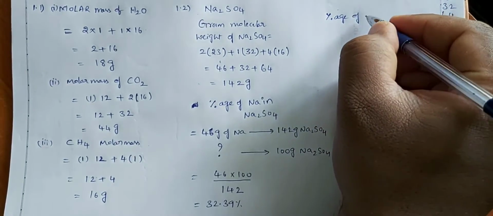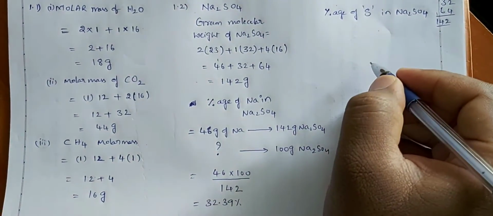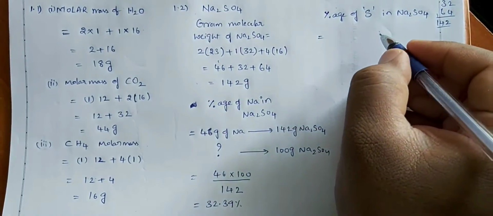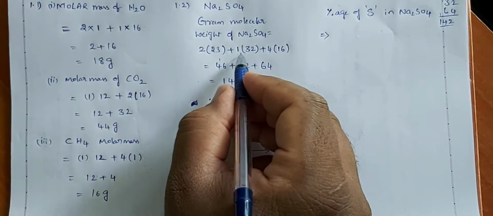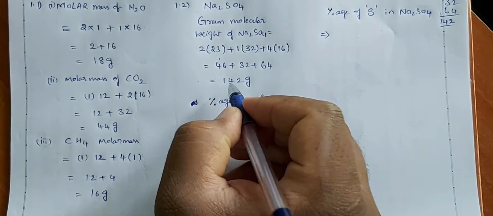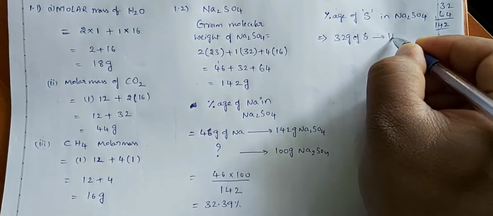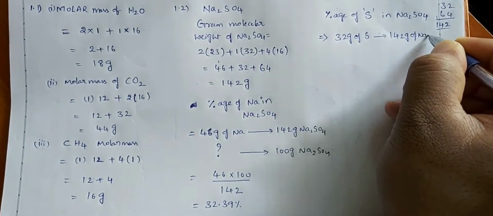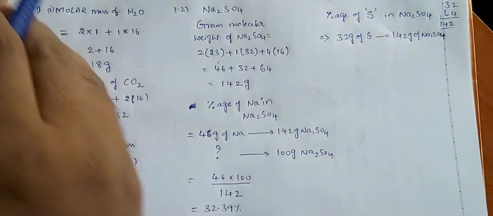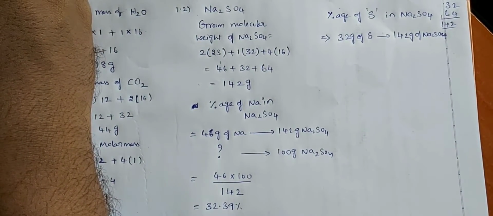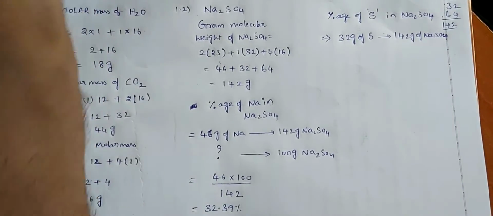Okay. Next we will see what about sulfur. Percentage of sulfur in Na2SO4 is equal to, how much amount of sulfur is present? 32 grams of sulfur is present in 142 grams of Na2SO4.